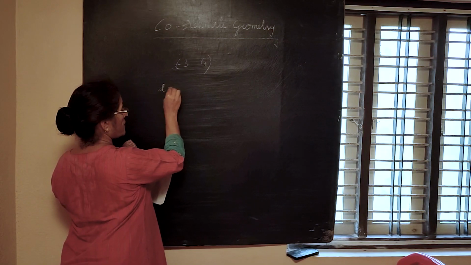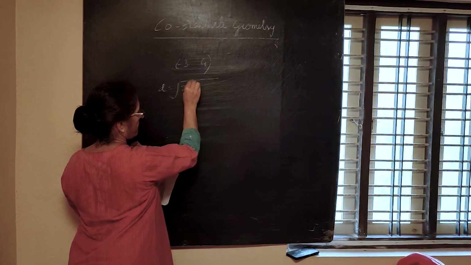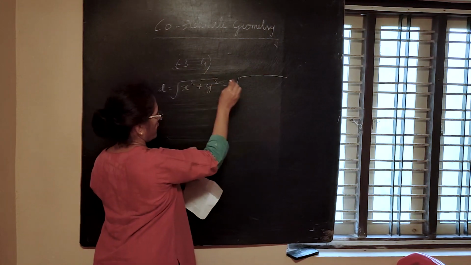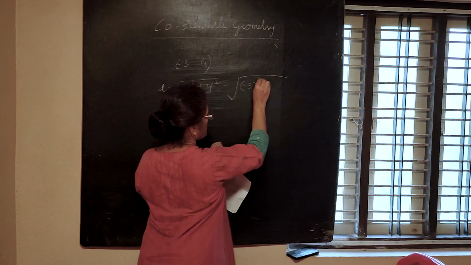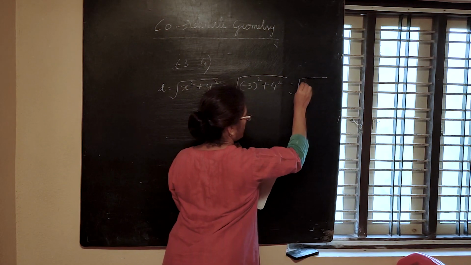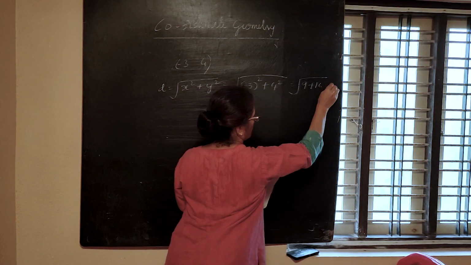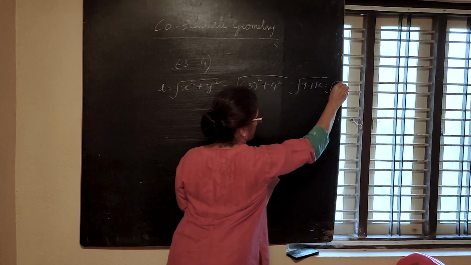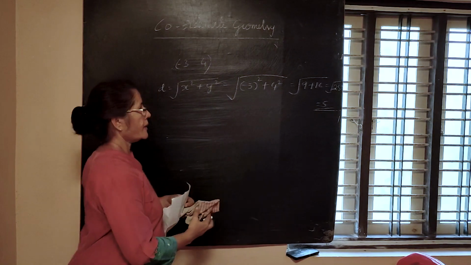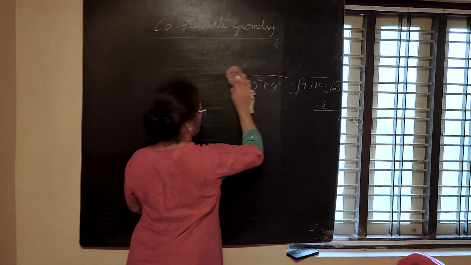D is equal to square root of x square plus y square, is equal to square root of minus 3 the whole square plus 4 square, 9 plus 16, is equal to square root of 25, is equal to 5 units. So let us go to the next problem.